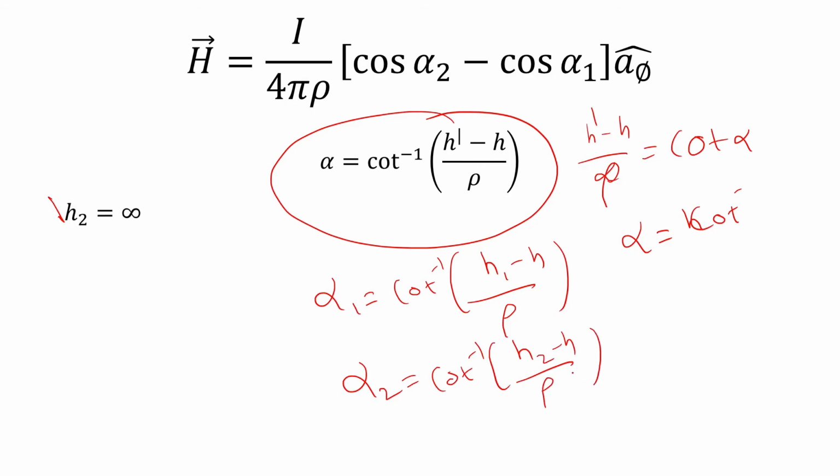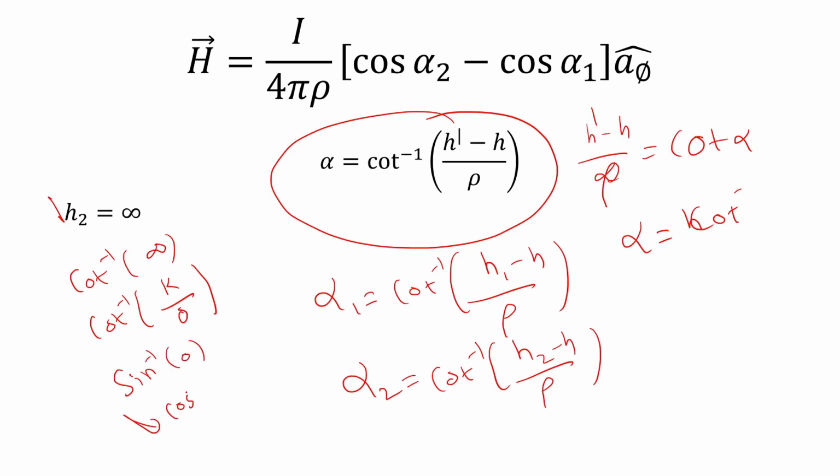So for h2 to be infinite, alpha 2 equals cot inverse of infinite minus h by rho, that is cot inverse of infinite, that is cot inverse of something k by 0, that is sine inverse of 0 and cos inverse of some positive value. The answer is alpha 2 equals 0.